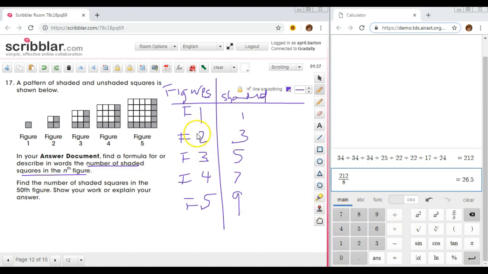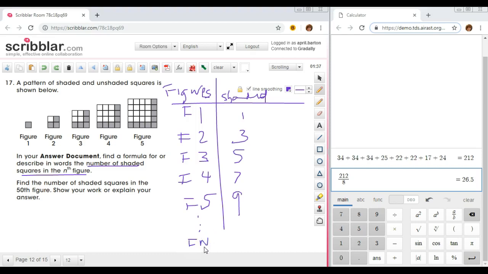So one way to describe this in words, because one of the options is to describe it in words, is each figure is corresponding to the odd number. The second figure is the second odd number. Third figure is the third odd number. Fourth figure is the fourth odd number. So the nth figure, when they say nth, they're saying figure n.